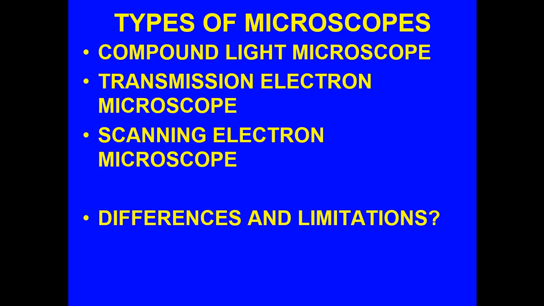But there are some very great limitations. And by the way, when I say transmission versus scanning, think of it as looking at the exterior of the structure. Transmission can go right into the structure. Each of them requires that the sample be dead.